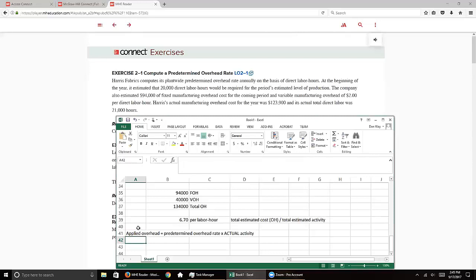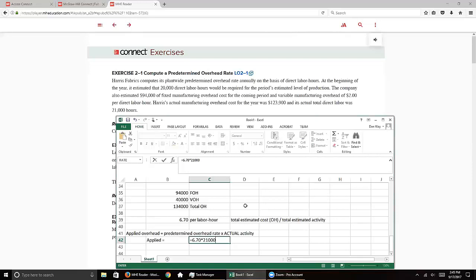Okay. Remember, applied overhead, we want to say, what is my predetermined overhead rate? I want to factor that by what I actually did with regard to that activity base. So applied overhead in this case then is going to be my predetermined rate, $6.70 per labor hour, times my actual activity, which we were told was actual total direct labor, 21,000 hours.